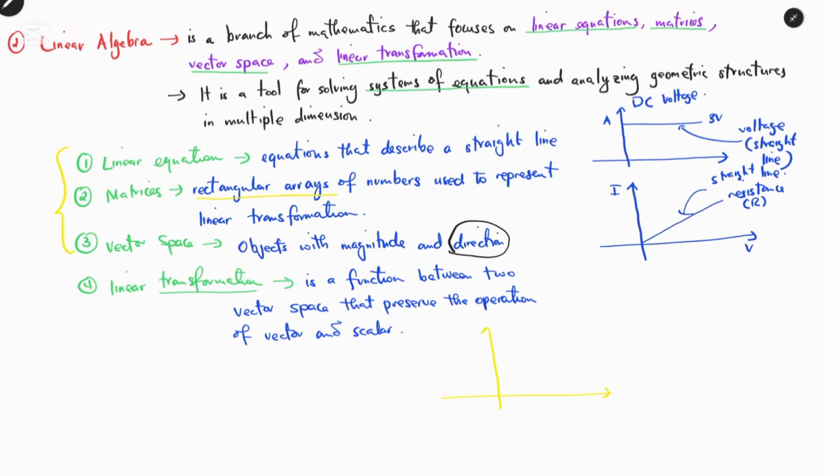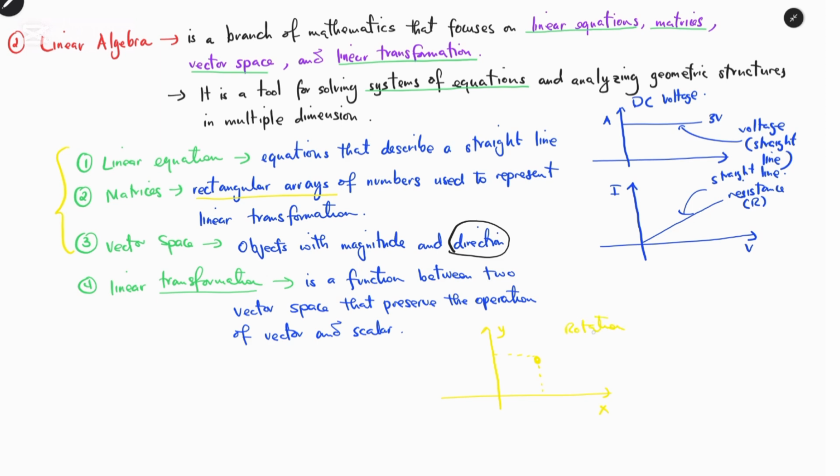for a two-dimensional vector space, if we have x and if we have y, and if we have a point which is given by this dot here, and operations such as a rotation.